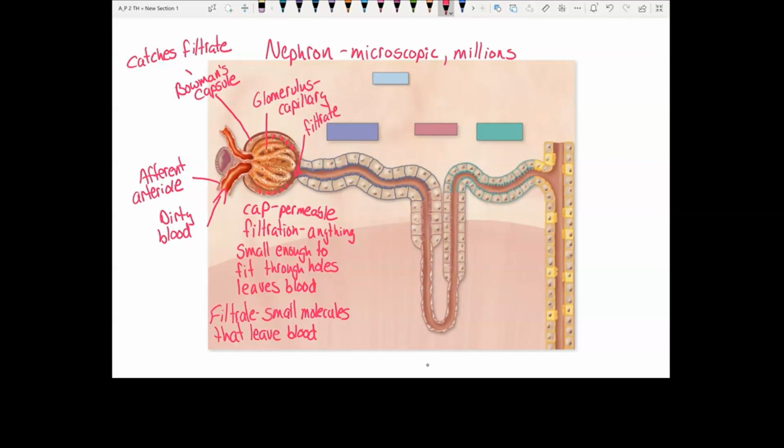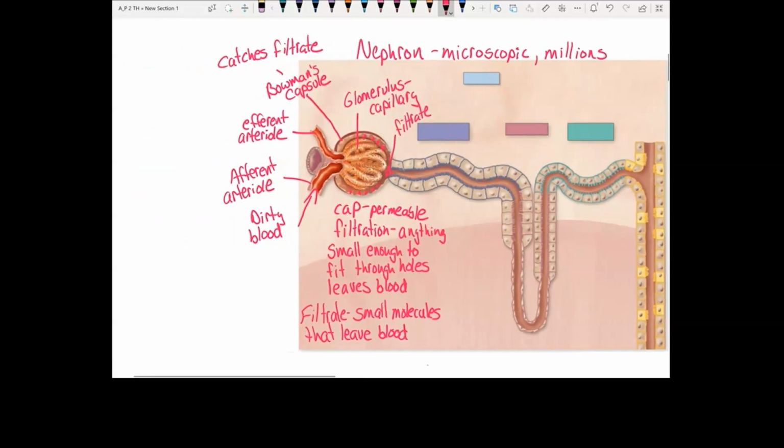Okay, then this is the efferent arteriole. This is the blood minus its small molecules. So this is what's left of the blood after you have removed the small molecules, and it flows out this way.